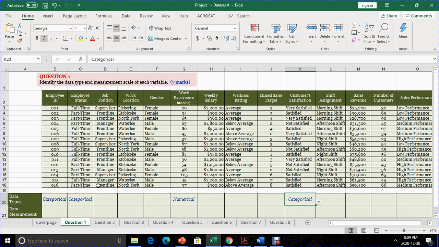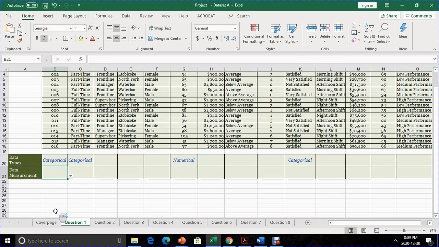Now, when it comes to measurement scale, there are multiple options. You have nominal, ordinal, interval, or ratio. When the data type is categorical, then it has 2 options in terms of measurement: nominal or ordinal.